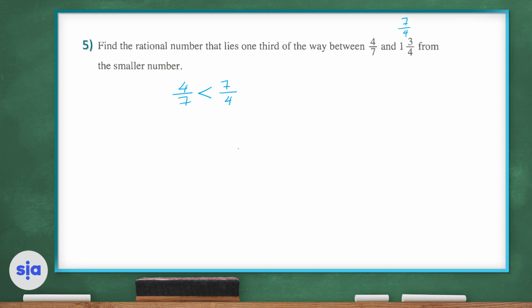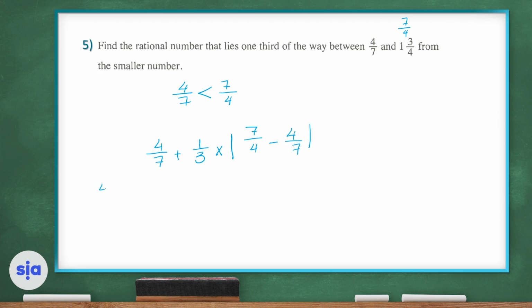So to find the number that lies 1/3 of the way between 4 over 7 and 1/3 over 4 from the smaller number, what we do is the smaller number plus the ratio, it's 1/3 times absolute value of the bigger number minus the smaller number.